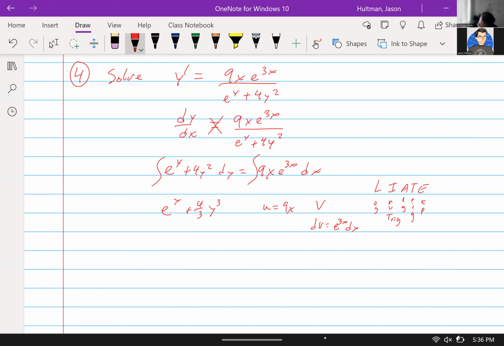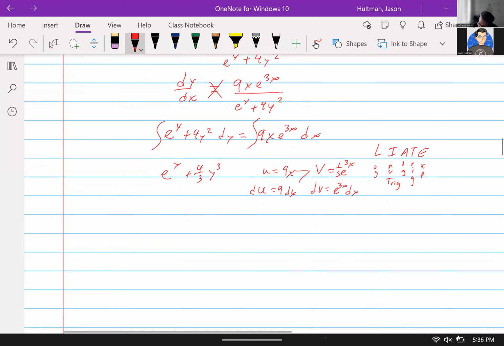Integrate that, I get 1/3 e to the 3x. Take the derivative of u, and I get 9 dx. Okay, and then I just crisscross applesauce, uv minus the integral of v du.